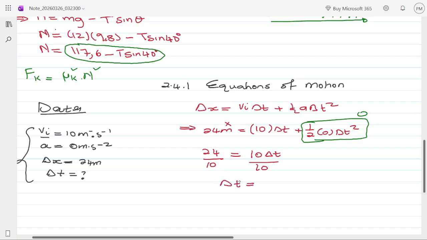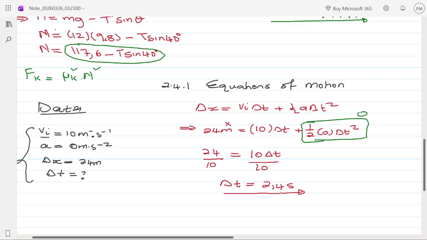Just punch that on the calculator. Delta t is 2.4 seconds. So the time it will take to move from point A to point B is 2.4 seconds. And that's how we answer 2.4.1.